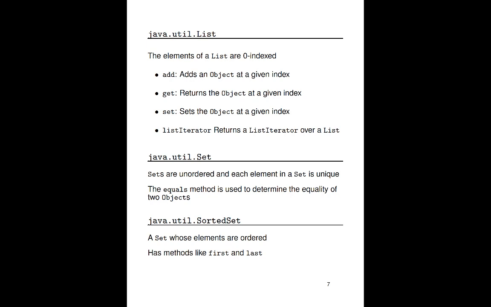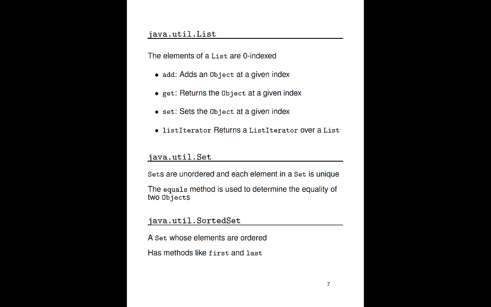Java util set is a collection whose elements are unordered, but each element in a set is unique. Meaning that, let's say you've got a bunch of numbers, and you put them into a plain old collection. The same number could appear multiple times. In a set, the contents are guaranteed to be unique, so if you put in the number 23 once, it's not going to get put in there again if you attempt to do it.